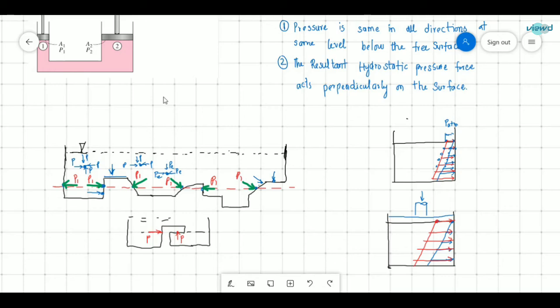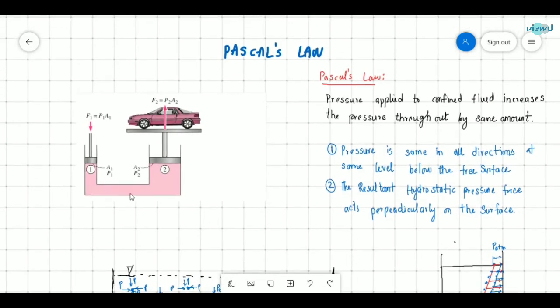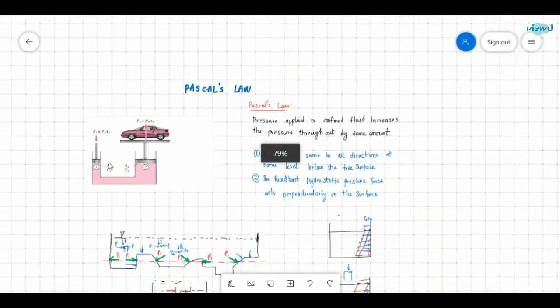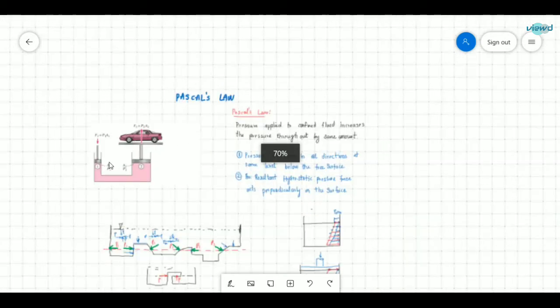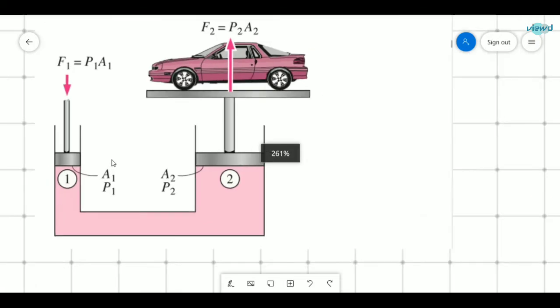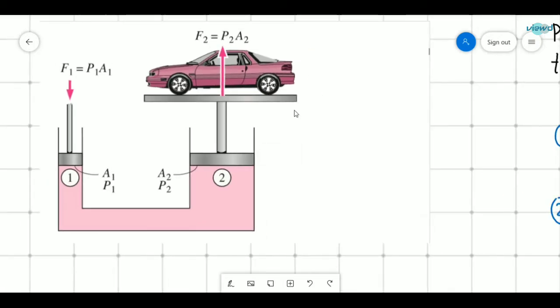Let us understand this Pascal's law in more detail with an example. Here there is a car which has force F2, and we are applying a force F1. Which force is greater, F2 or F1?